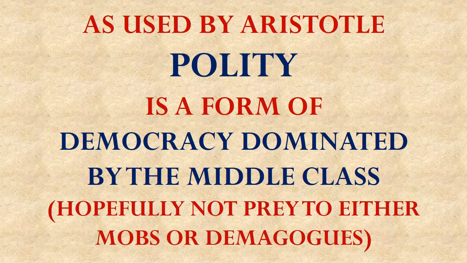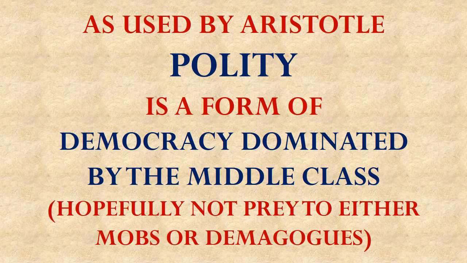He called it politeia. That word has evolved into the word polity that we use today. Aristotle approved of the idea of power residing with the people, but he worried about how they could fall prey to the dangers of democracy.